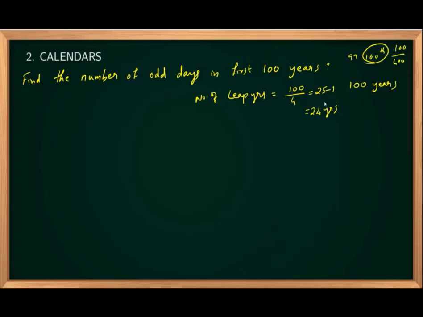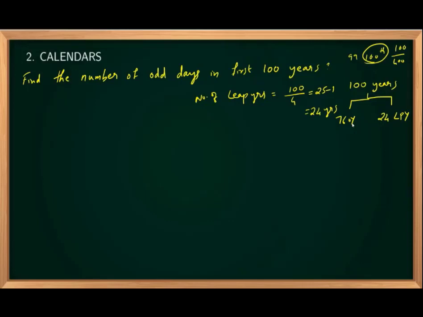The number of leap years in the first 100 years is 24. Is it correct? Are you clear? Okay, so these 100 years we can split into 100 minus 24, which is 76 ordinary years, and 24 leap years. For odd days, you should divide the total by 7 and take the remainder, so the odd days value must be between 0 and 6, both inclusive.